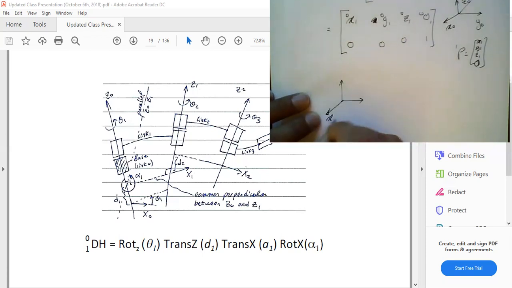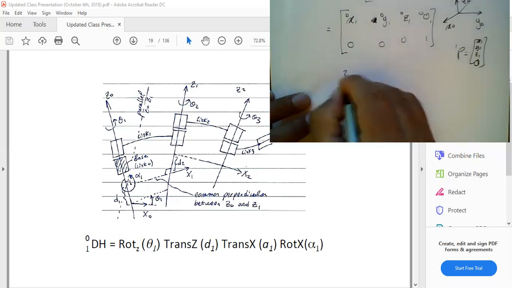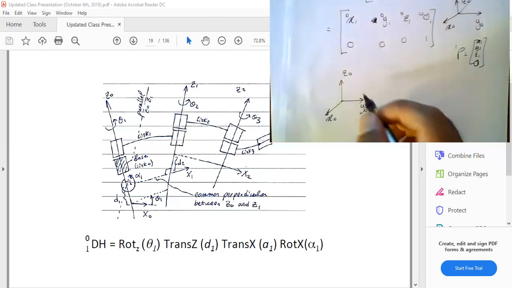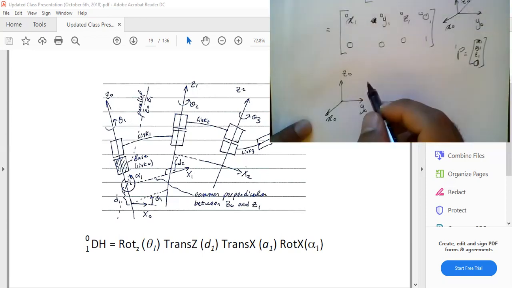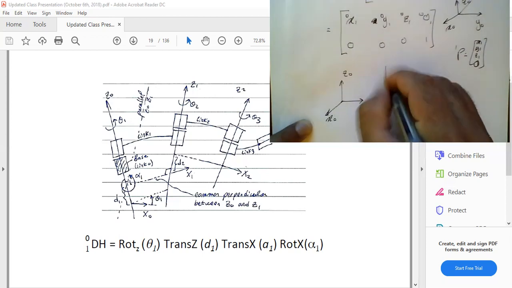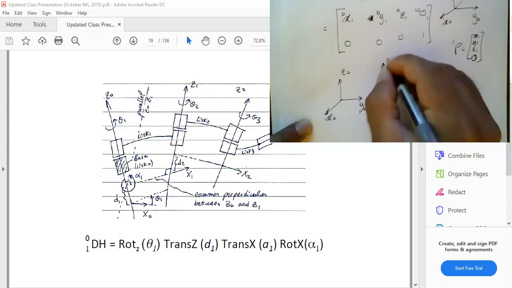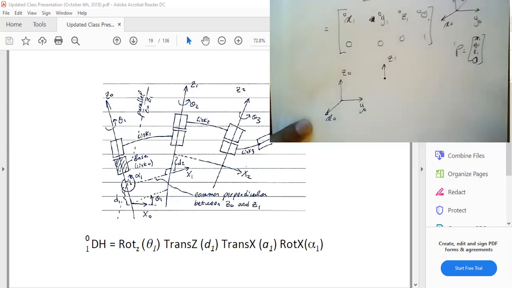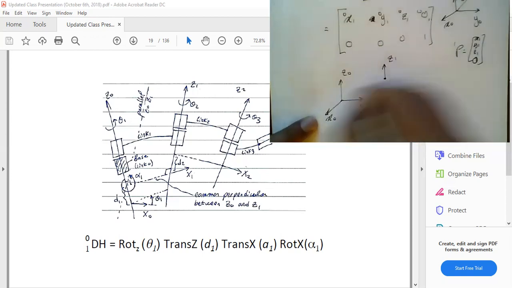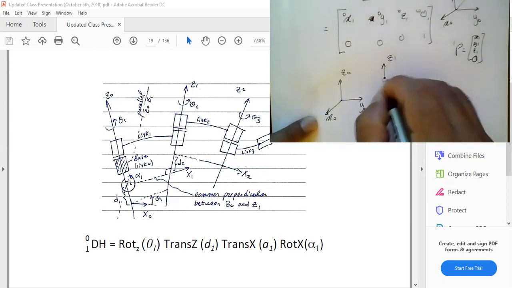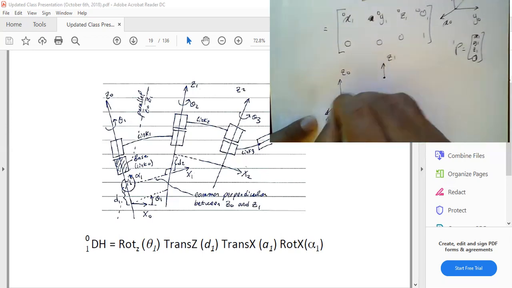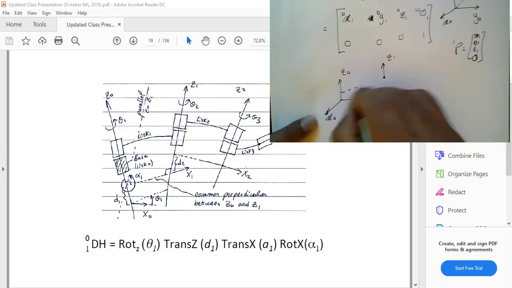Let's say I have x0, y0, z0. I would have to build a second frame so that my x1 is perpendicular to both z0 and z1. So let's say this is my z1. This z1 is going to be a free vector, but I'm always going to be able to put a vector x1 that is perpendicular to both z0 and z1.